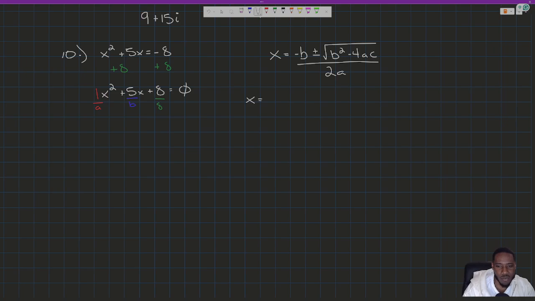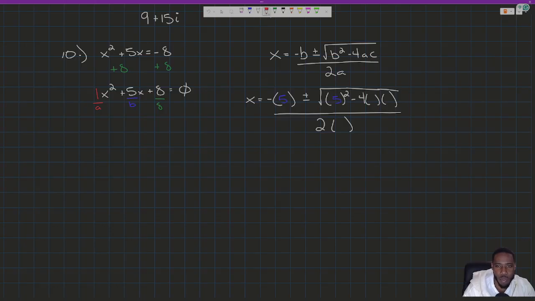So x equals negative b plus or minus the square root of b squared minus 4 times a times c, all being divided by 2 times a. B value is 5, so that's going to go here and here.